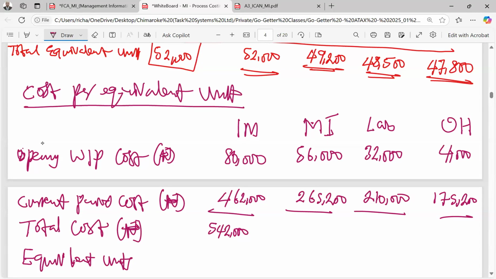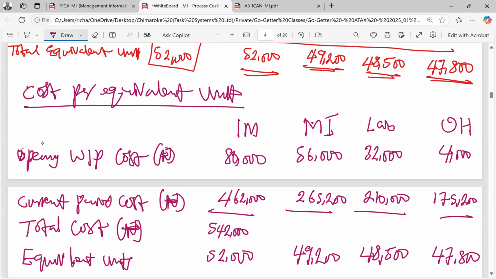Equivalent unit here happens to be 52,000. So let me write it, 52,000. Let me bring the other ones here: 49,200, 48,500, and 47,800.